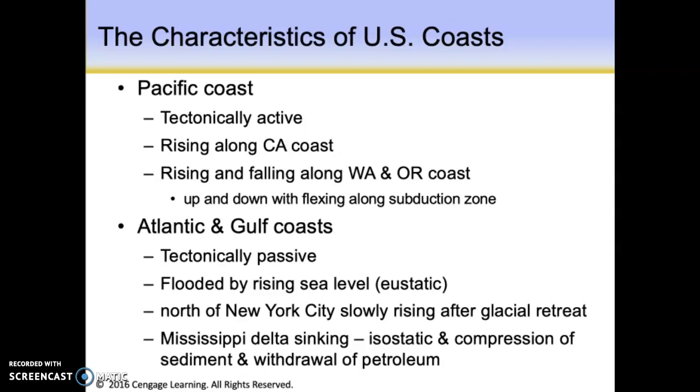If you go to the Washington and Oregon coastline, we actually see evidence of fluctuation depending on plate tectonics. The coast will sink down a little bit, and then after a significant tectonic earthquake, it will rise up and then start sinking down again. So it kind of bounces up and down over periods of like about 100 years.